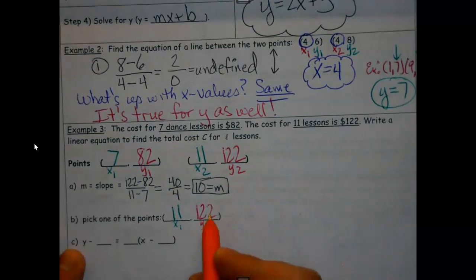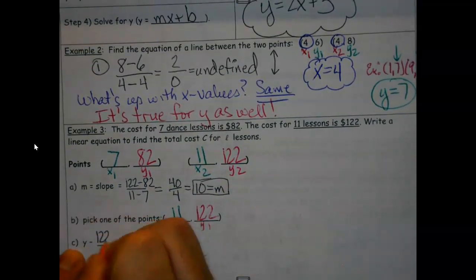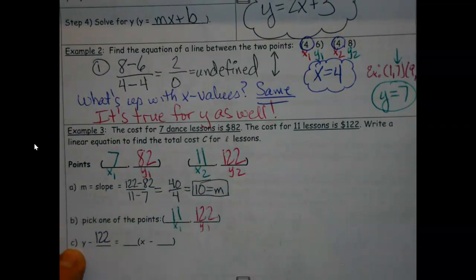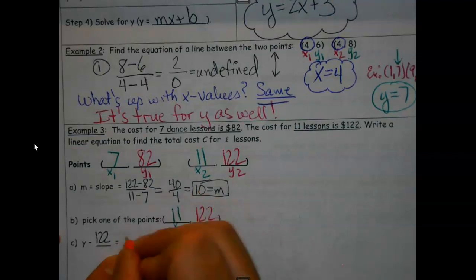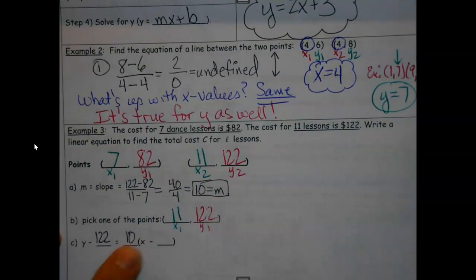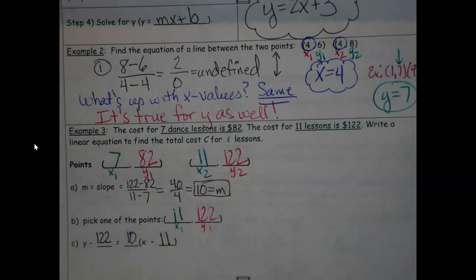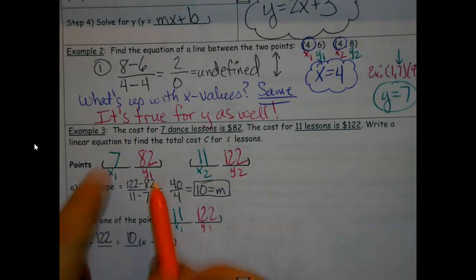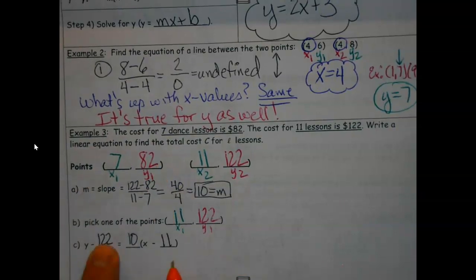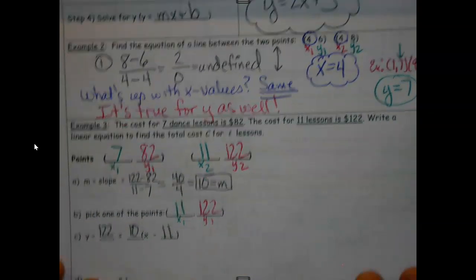Y minus my Y value, 122, equals my M, my 10, times X minus my X value. And again, if you use 7 and 82 instead, you're going to end up with the same answer.